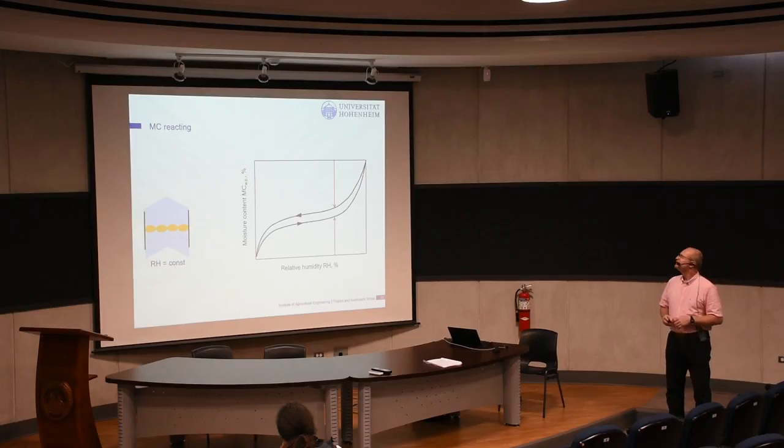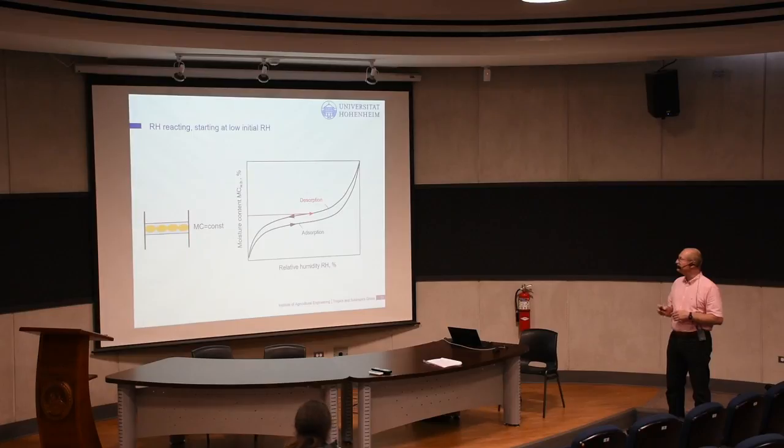Nevertheless, there is this distinction, and if we look at it from the side of a closed system, what does it mean? If we have first a very dry air, it will take up water coming here, and if you would have a very humid air, the air relative humidity will go down until this point.